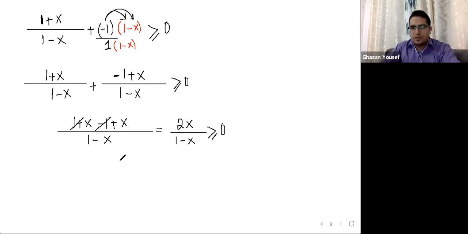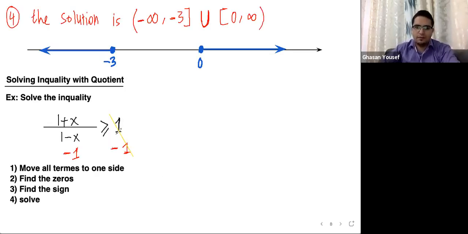Here the question is, why is it plus negative 1 over 1? Actually, I subtract the 1 from both sides, so I get 1 plus x over 1 minus x, and when I subtract the 1, I get minus 1, greater than or equal to 0.